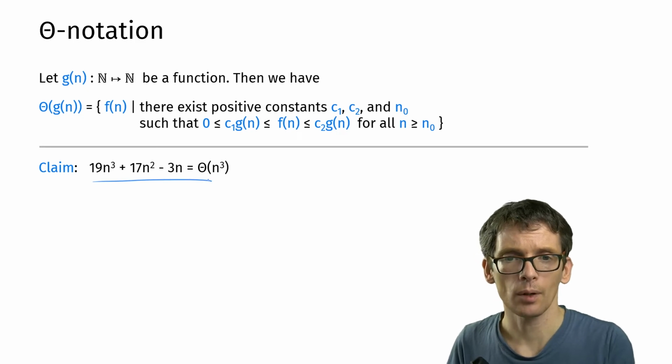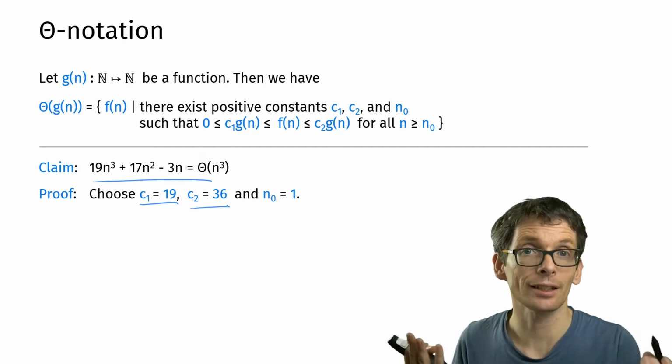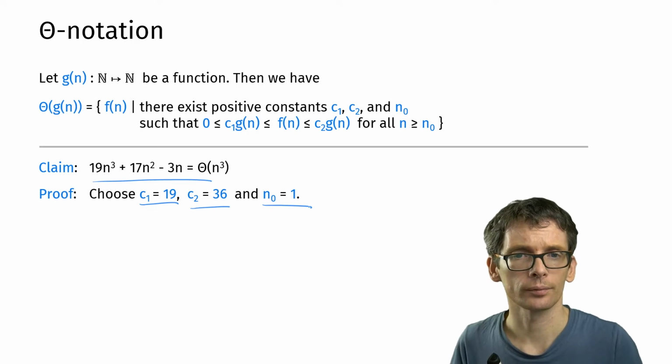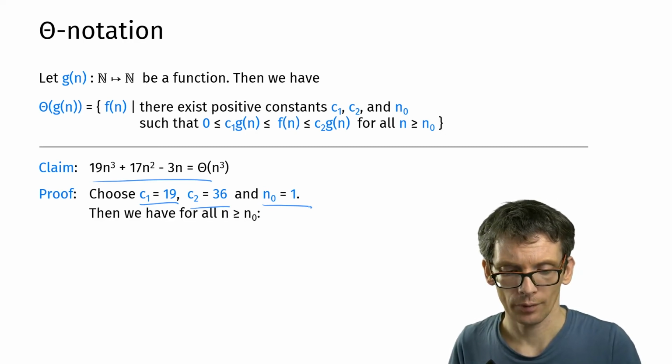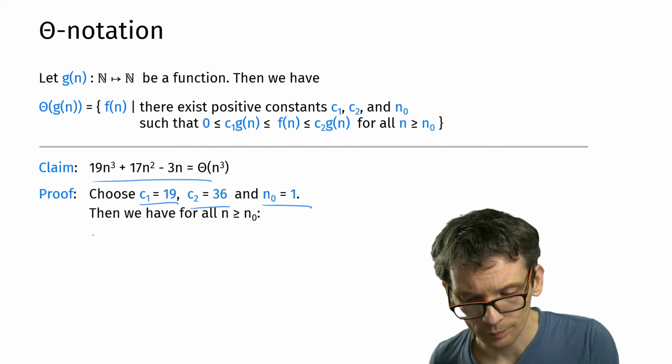for this claim. Our choice will be: we're choosing C1 as 19, C2 as 36, as I said, and N0 as 1. So what do we have then for all n larger or equal N0? Let me start.